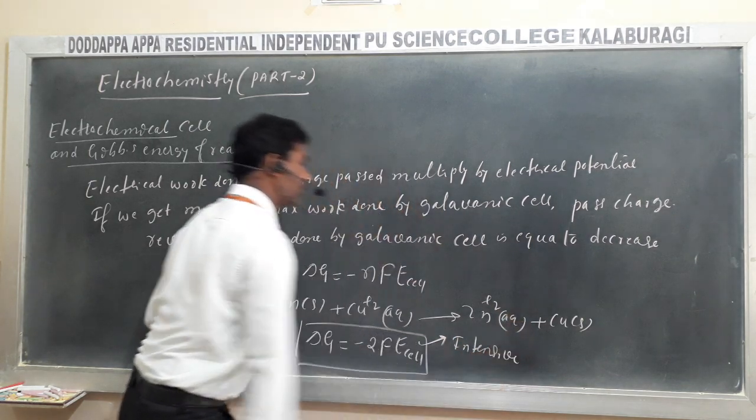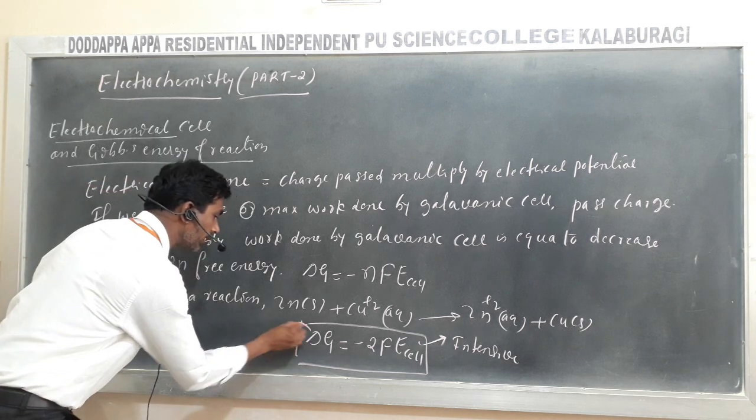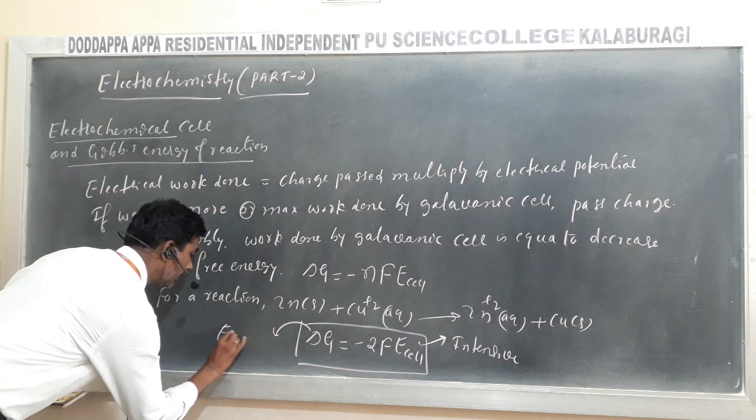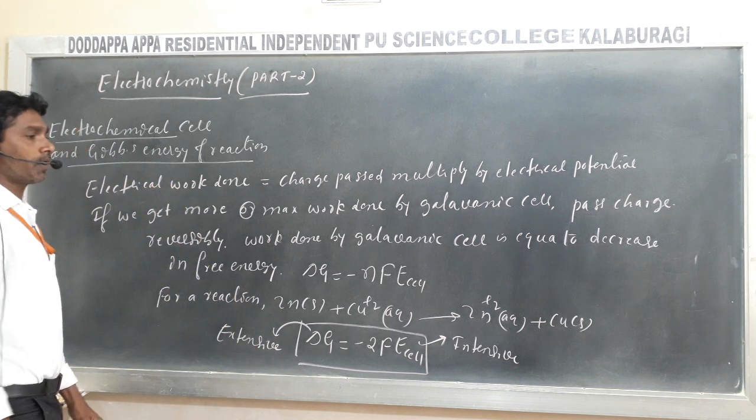Already you know what an intensive property is: the property which does not depend on the amount of substance. Delta G, on the other hand, is an extensive property.